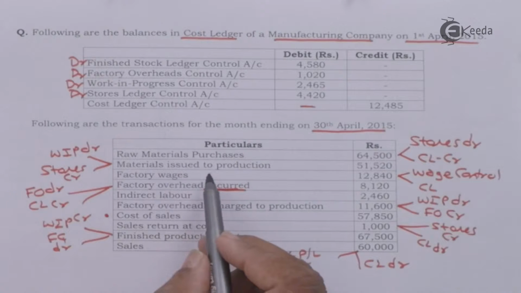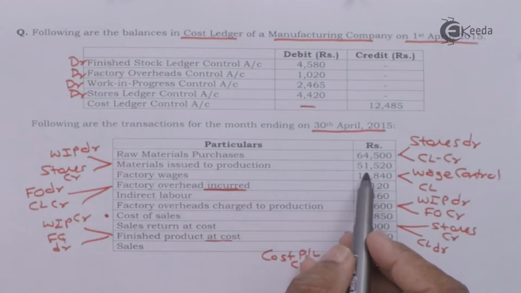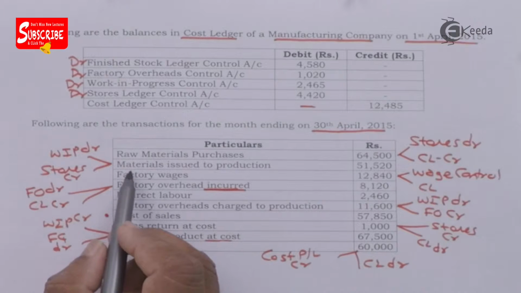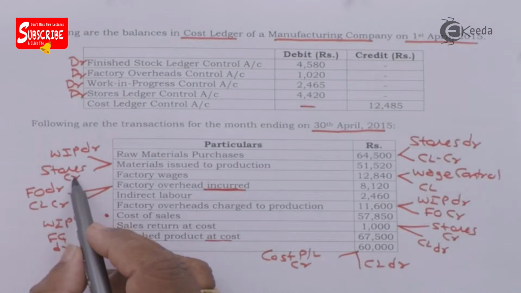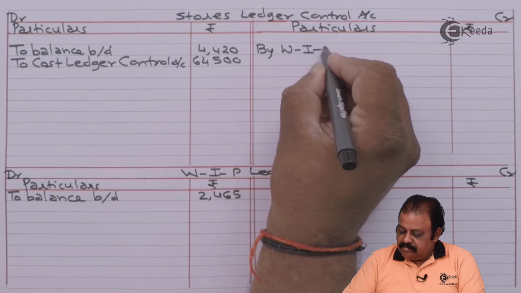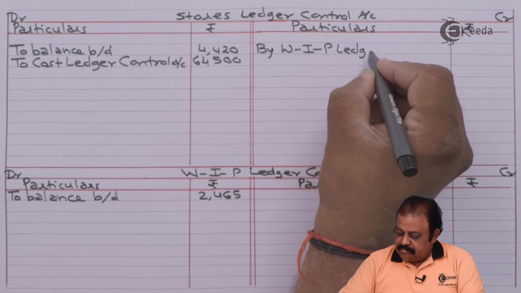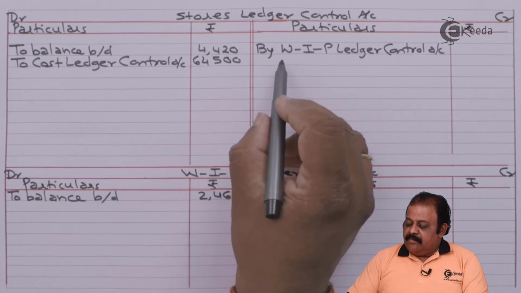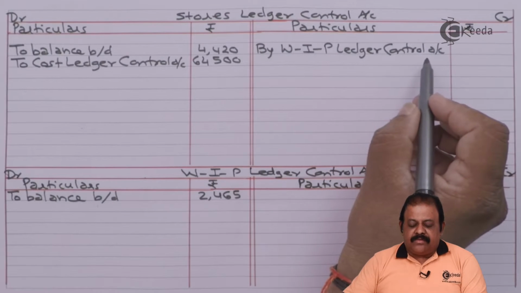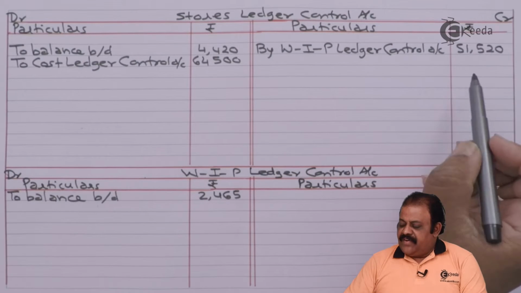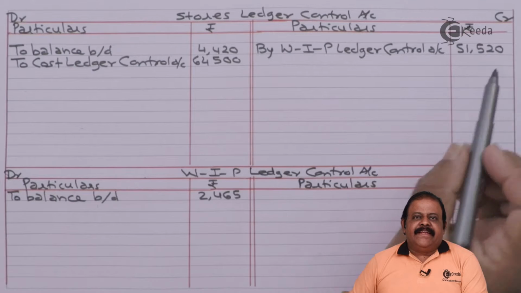64,500. Material issued to production 51,520. This will be credited to stores ledger control account. By work in progress ledger control account 51,520.